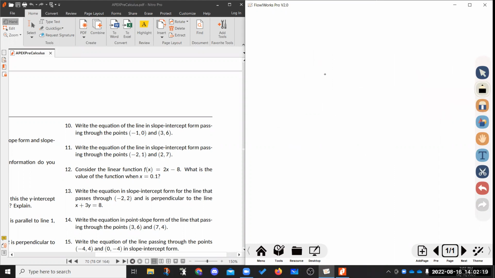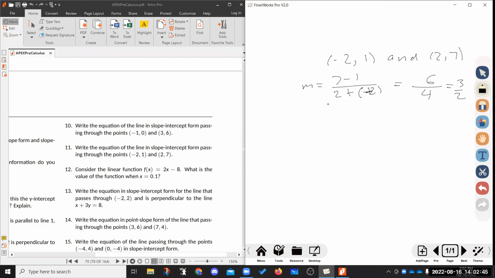Write the equation of the line in slope-intercept form passing through the points (-2, 1) and (2, 7). So 7 minus 1 over 2 minus a -2 is going to be 2 plus 2. Going to give me 4. This is 6. This is 3/2. And pick one of the points. I don't care which.